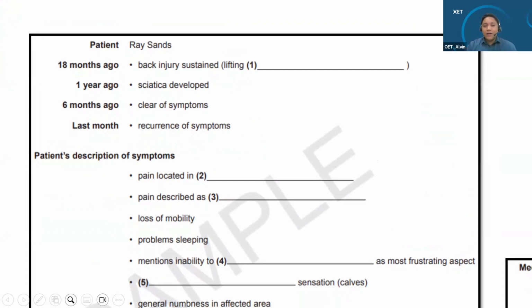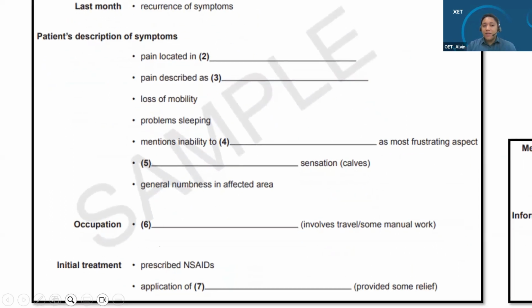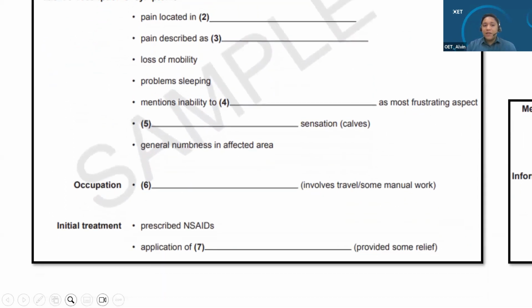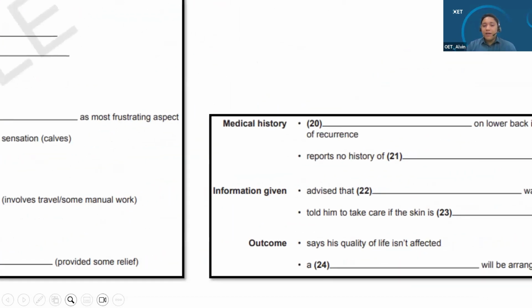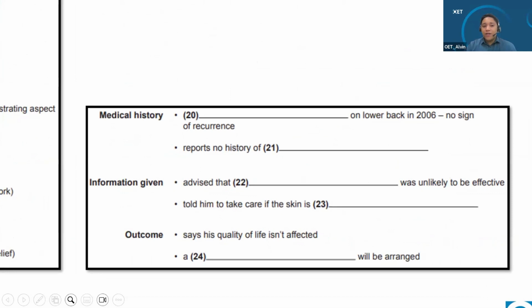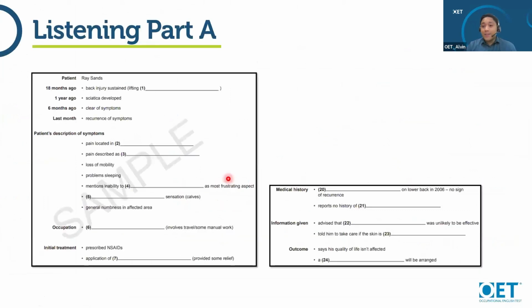You got a little bit of details about the history of the patient. 18 months ago, back injury sustained lifting blank. 1 year ago, sciatica developed, and so on. There are also some details about patient description of symptoms, occupation, initial treatment, medical history, information given, and outcome. So these are the information that you might see in listening part A.